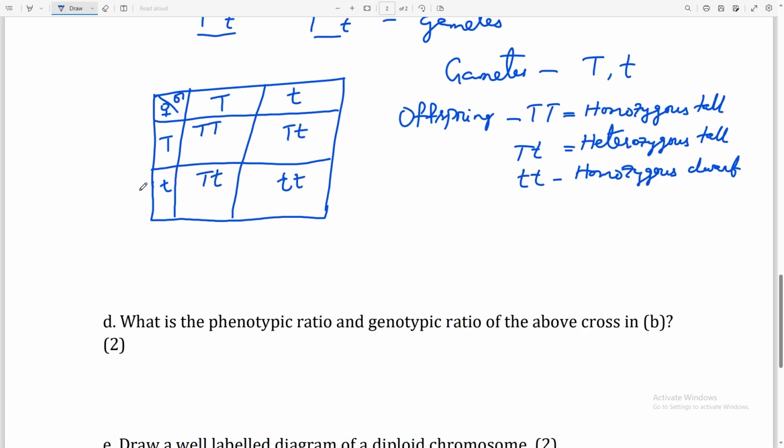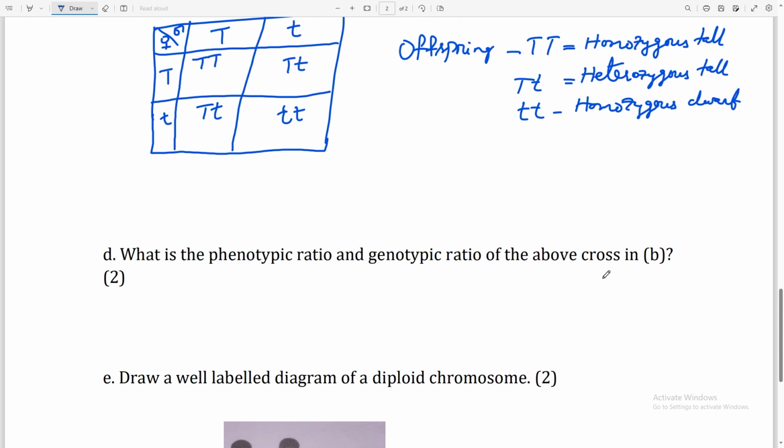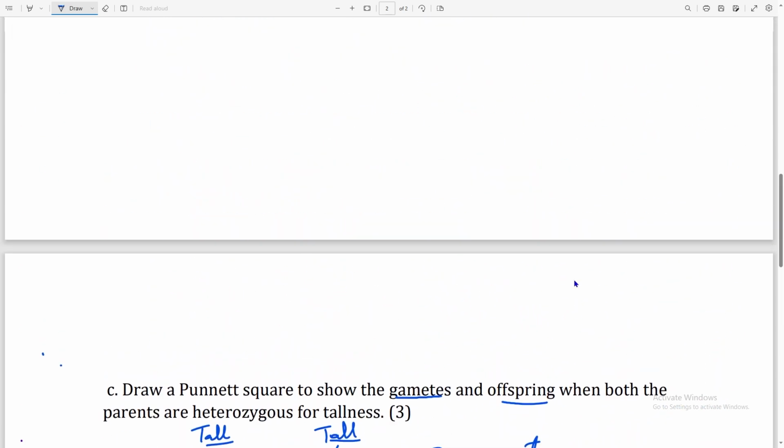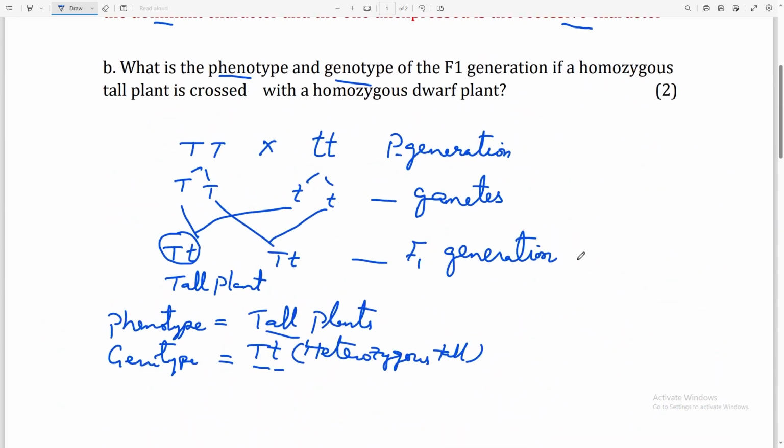What is the phenotypic ratio and genotypic ratio of the above cross in B? So let us go back to the question number B. Here we have to find the phenotypic ratio and genotypic ratio in question number B. So in question number B, we have the F1 generation.